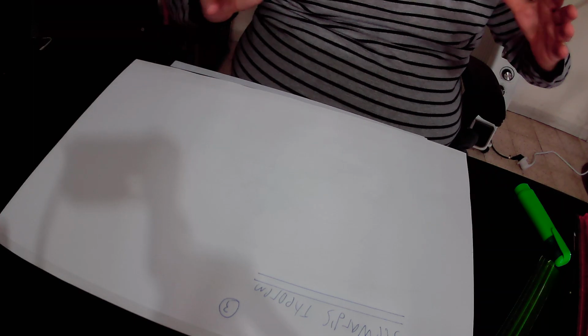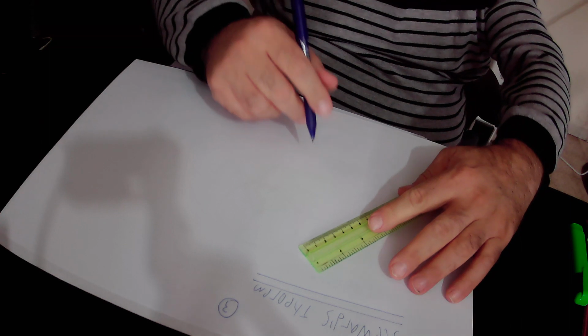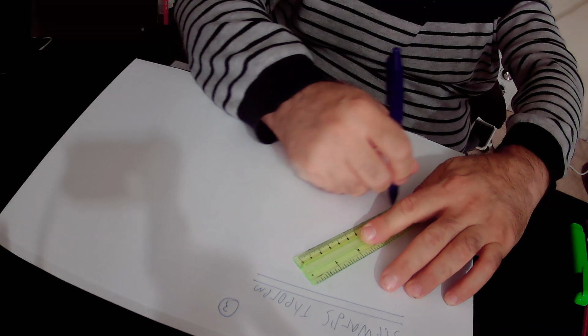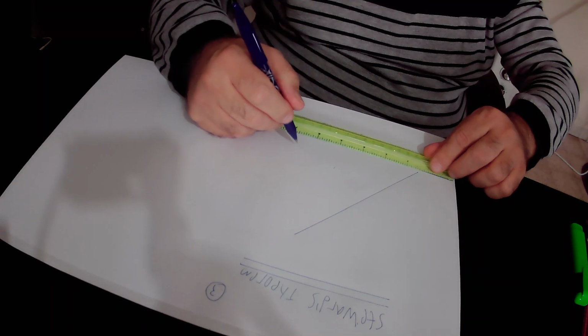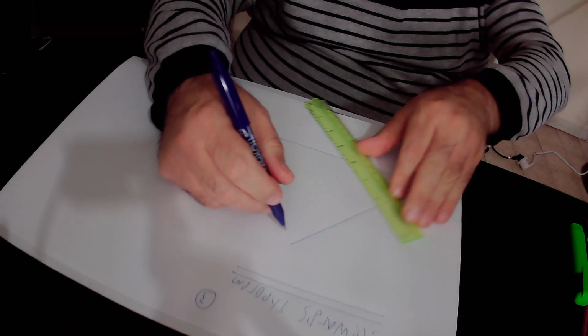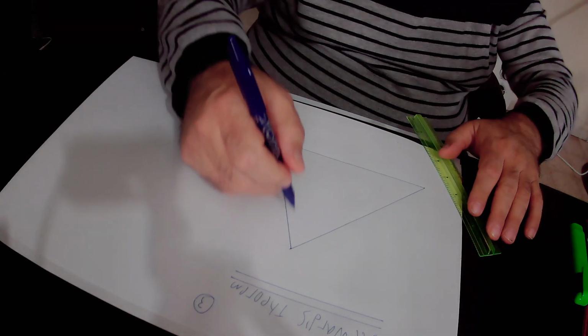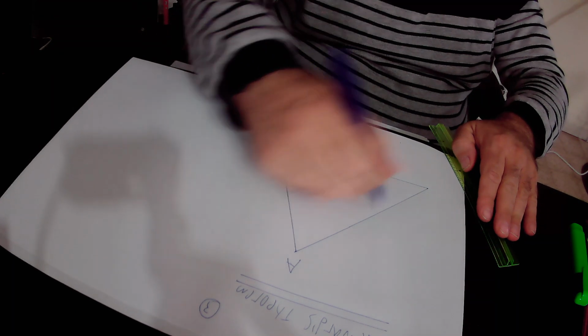And it is true in any triangle. So the triangle that I will draw could be any triangle. This triangle, triangle ABC, could be any triangle. This is triangle ABC.